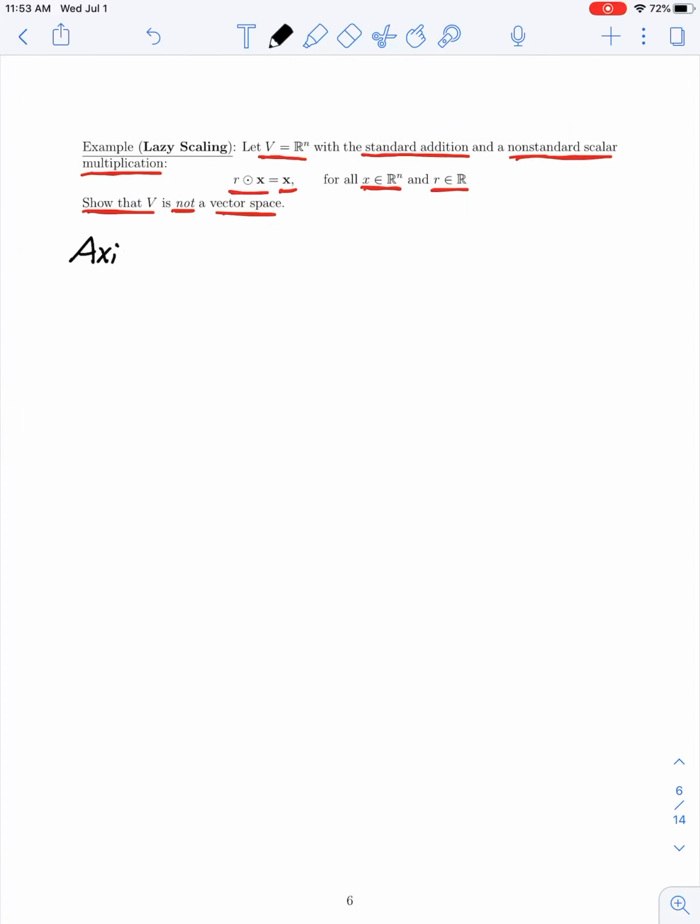So here, axiom 7 is again the axiom where if I'm taking a scalar multiple of a sum of vectors, x plus y, using this odd vector operation, I should get back the sum of the scalar multiples of x and y by the same scalar r.